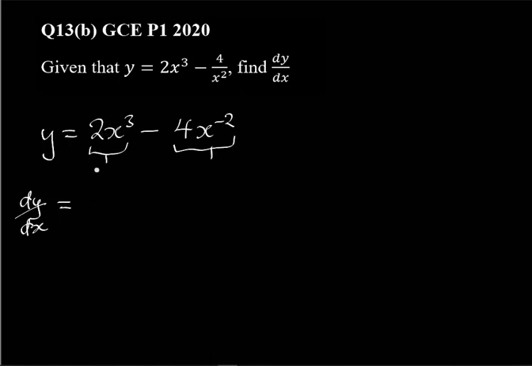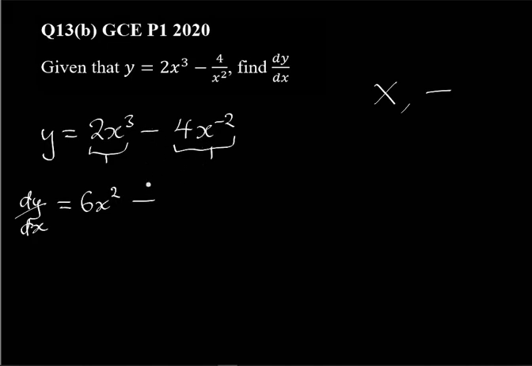So if we look at that, remember we said for differentiation you're going to multiply, then after you multiply you're going to subtract. So 2 times 3 gives us 6, 3 minus 1 gives us 2. That sign there, let's just bring it down and then let's work with this.